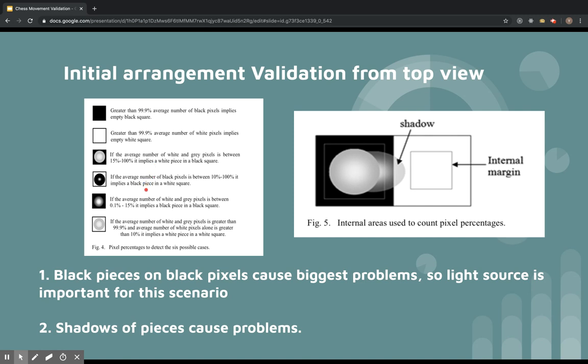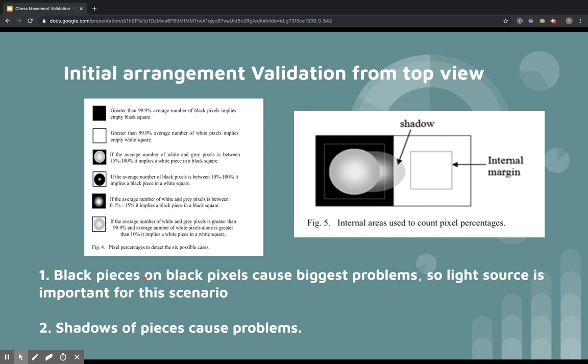The rest were pretty easy to detect because a certain percentage of pixels did not match the rest of the pixel intensities in the square itself, and based on this, the paper was able to determine that there were pieces on the square. Black pieces on black squares were the hardest to detect. So the light source was probably the most important scenario. The light source generally plays a very important role in this particular paper.